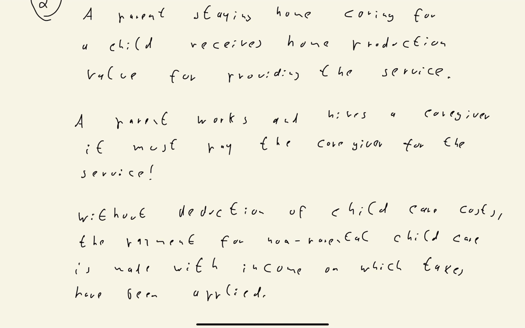So this basically means that if a parent decides to pay a non-parental caregiver for caring for the child, the parent must first earn the money in order to be able to pay this caregiver. And by earning money, the parent already paid taxes. But if the parent is paying the caregiver, they need to pay the gross salary, the total amount, which is larger than the net salary that the caregiver is given. So there's a double taxation happening there.